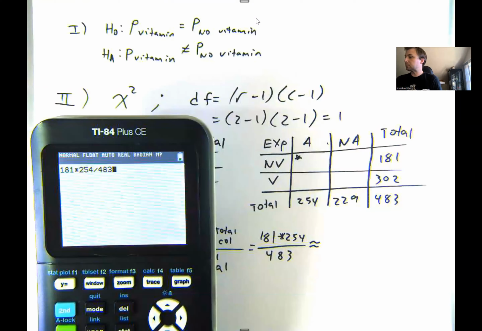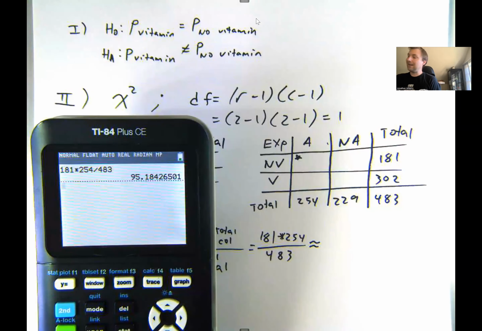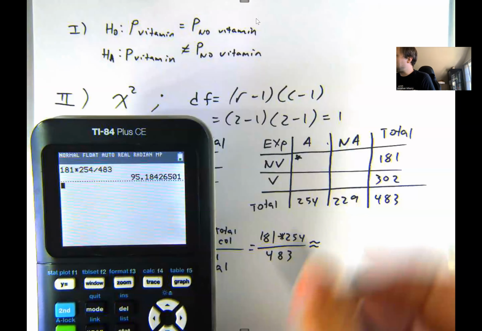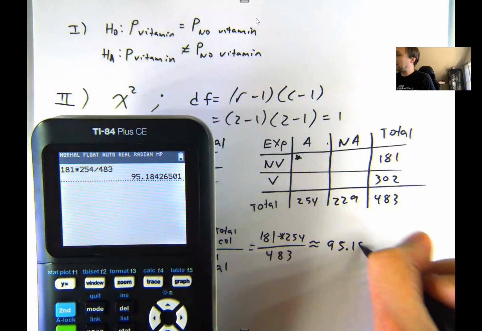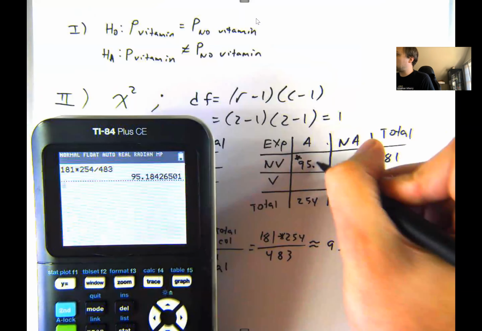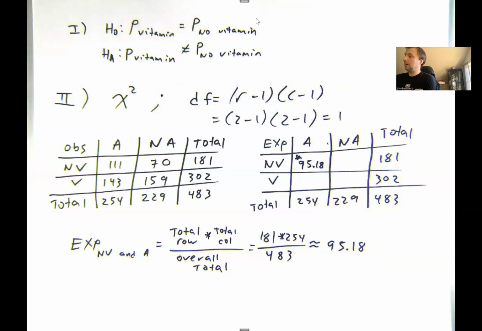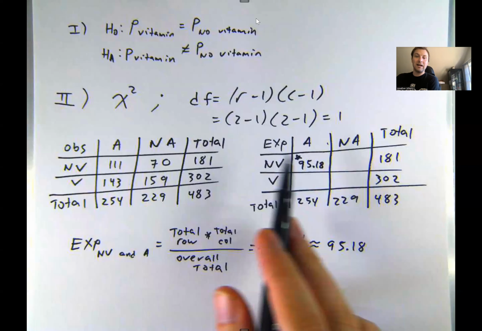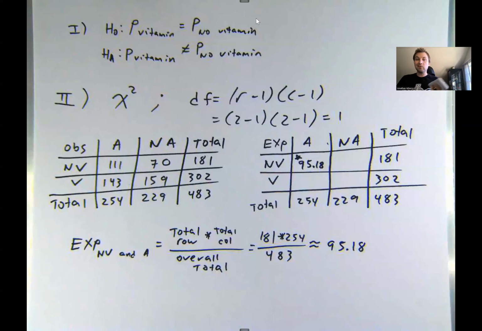There we go. And that gives me 95.18. So that's that cell right there. 111 compared to 95.18. It looks like there might actually be a relationship here. I don't know what that relationship looks like. Let's keep going through the math and see what comes up.